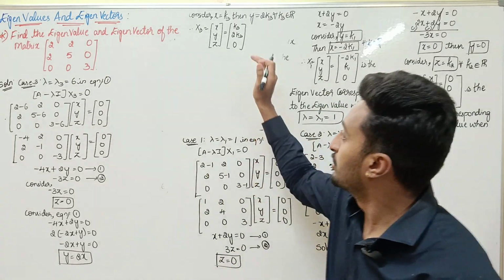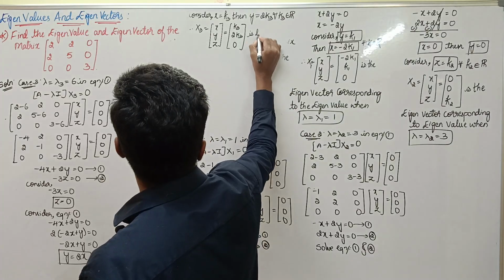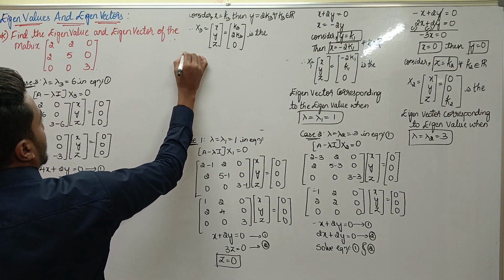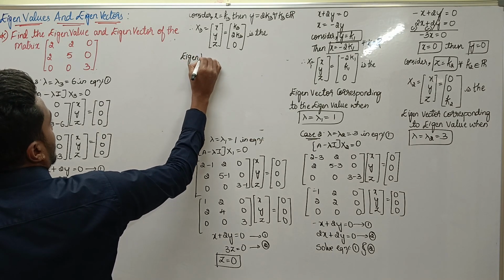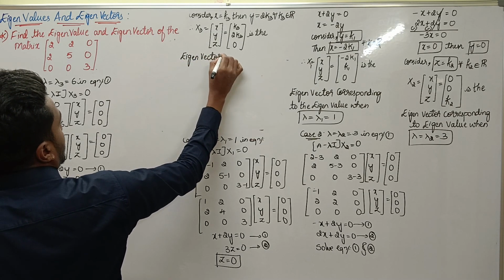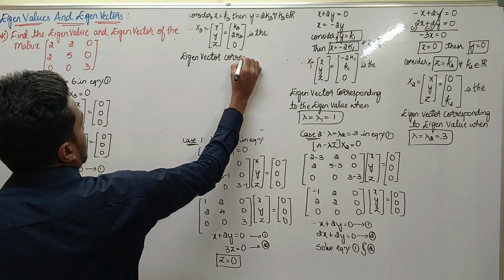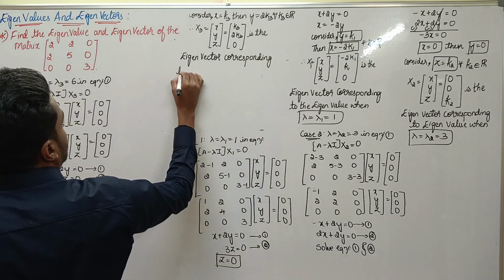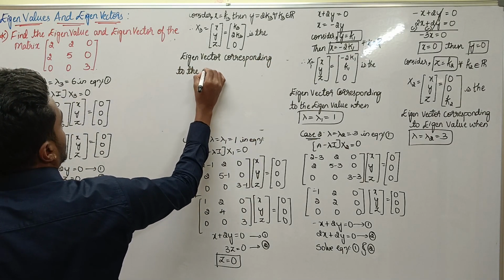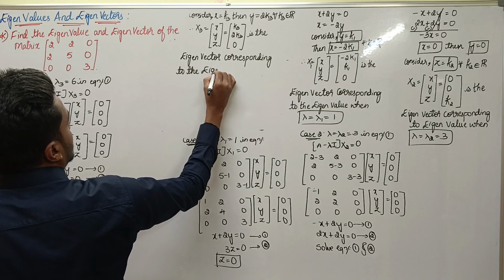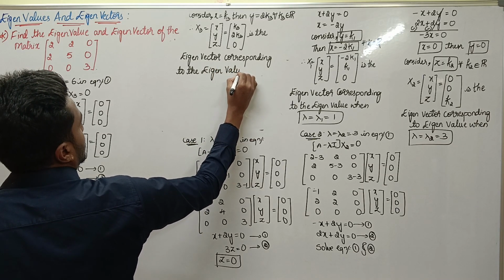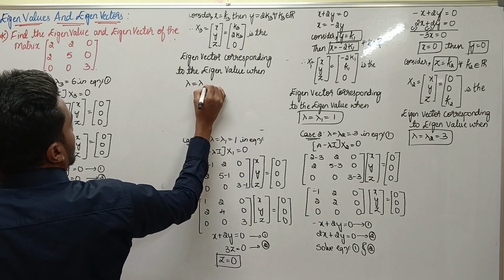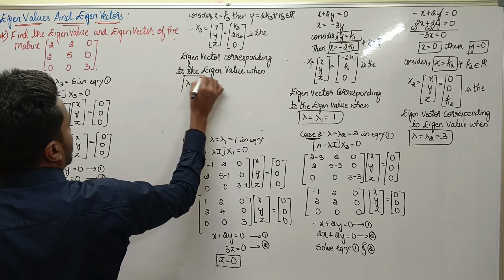This is the eigenvector corresponding to the eigenvalue when lambda equal to lambda 3 equal to 6.